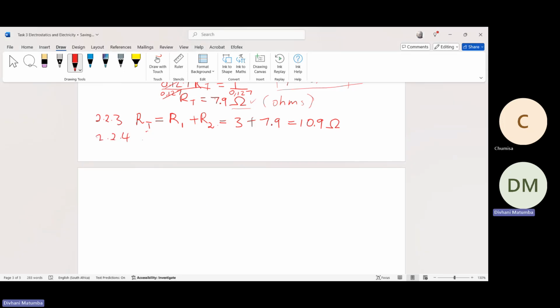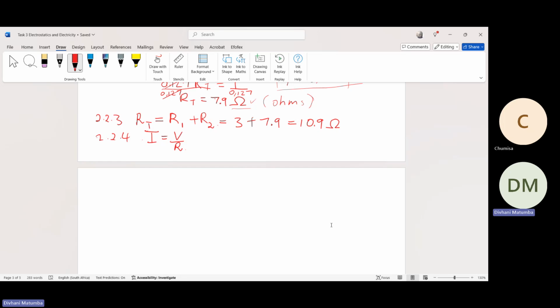Okay, in our case, 2.2.4, you said Ohm's law is I equals voltage over resistance. I said last week that I, or the current, is the flow of charges throughout the circuit.